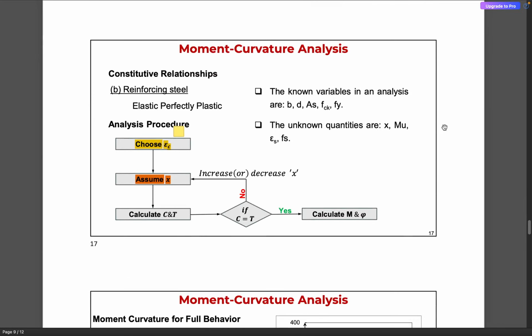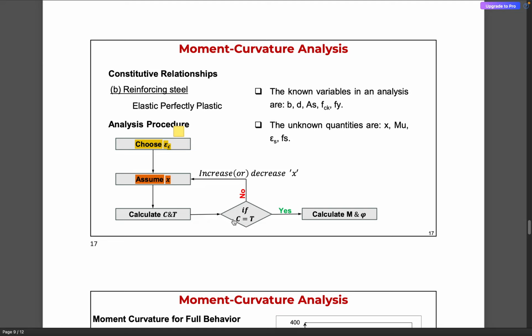In the moment curvature analysis we are going to come back to this procedure, but just to give you a brief idea, we have to take a particular value of epsilon c, that is strain within concrete. Then we need to assume a value of x, that is the depth of the neutral axis. Then we need to determine the value of the resultant compressive force and the tensile force.